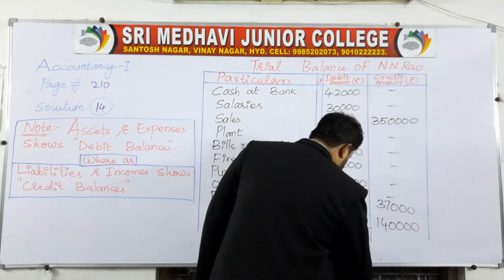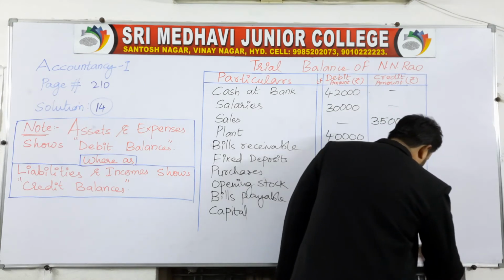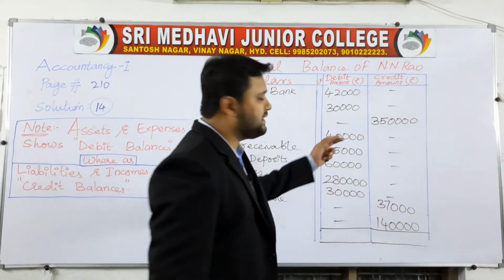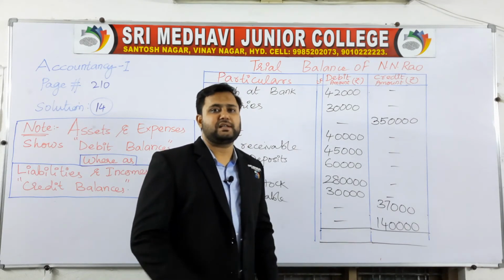Now you have to aggregate the trial balance, then you will come to know the total of the debit column and the credit column. If the total of the debit column and the credit column is the same, then your answer is correct.